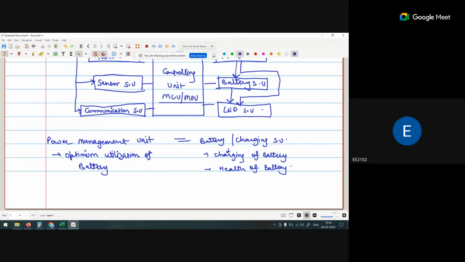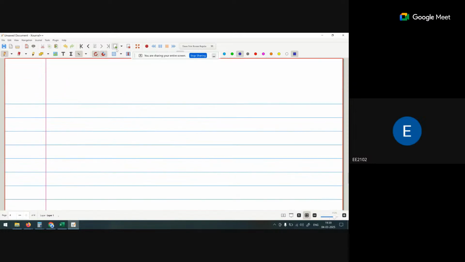Along with that, they explain the individual subsystems one by one.